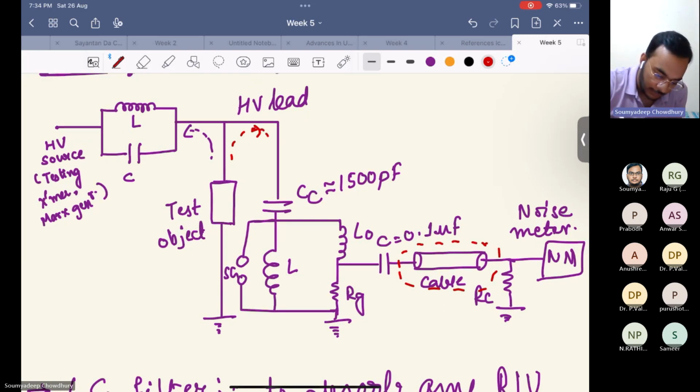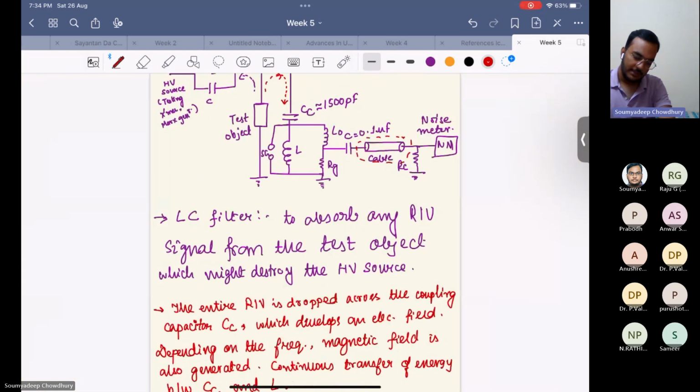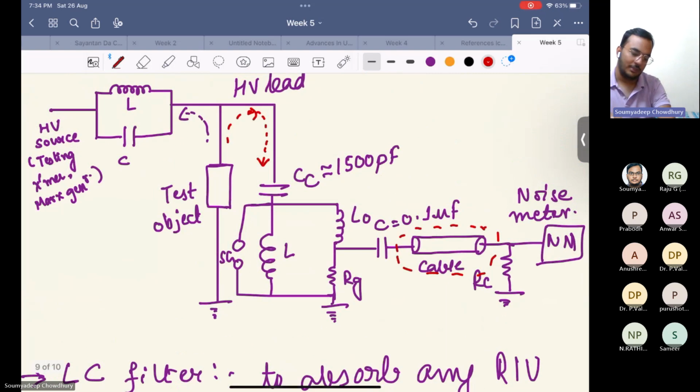It will be dropped across CC. Since the RIV signal is dropped across CC, it will develop an electric field because it is getting an excitation. Obviously, the capacitor will develop an electric field. Now, depending on the frequency of the RIV signal, if it is high enough, a strong magnetic field will also be created due to the presence of this inductor.